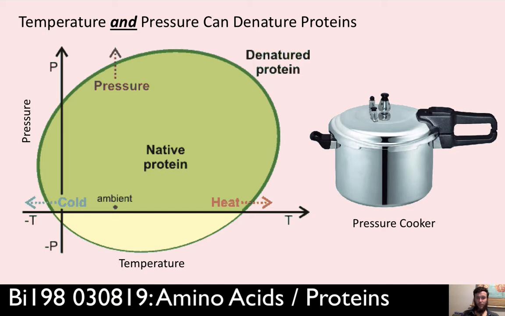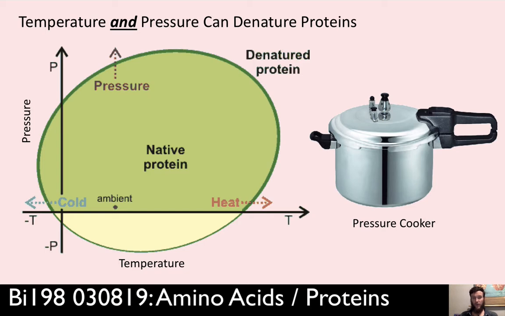So, for example, you can denature a protein at a lower temperature if you just increase the pressure that the protein is experiencing. This is what pressure cookers do. They're hot, but not extremely hot. They're just at a really high pressure.